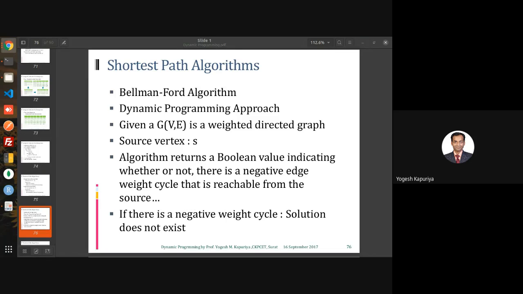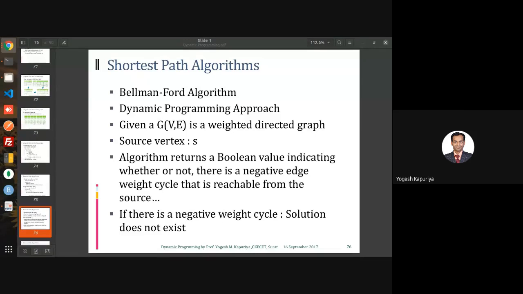So we have discussed these versions, and we have discussed that greedy solves one problem, that is single source shortest path, using Dijkstra's approach. Now, we have also discussed that there is one limitation of Dijkstra's approach, and that limitation is it cannot identify the negative weight cycle.